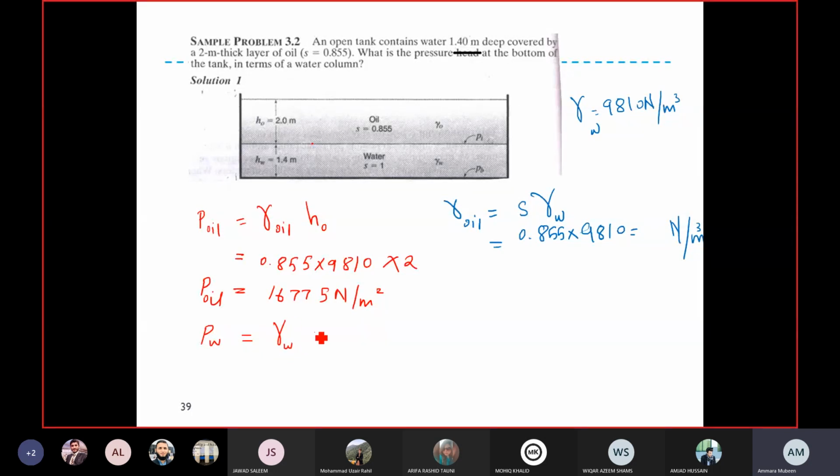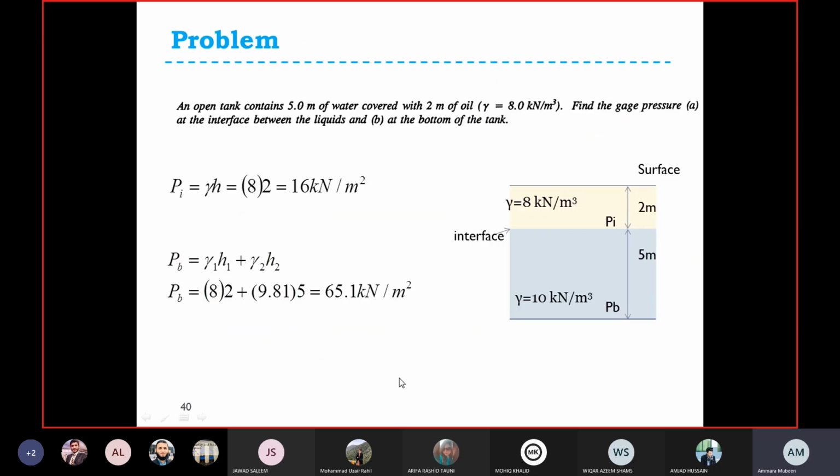Okay, again you'll be calculating the pressure due to water depth. So the gamma of water multiplied by HW, and we'll get some value. 9810 multiplied by HW, which is 1.4. You get the value of pressure of water. Total pressure at the bottom can be calculated. Total pressure would be pressure of oil plus pressure due to water depth, and you will get some value.